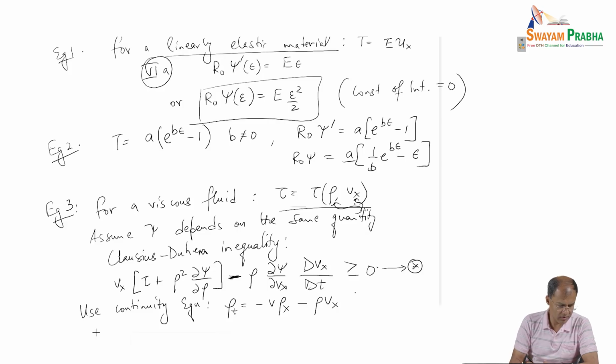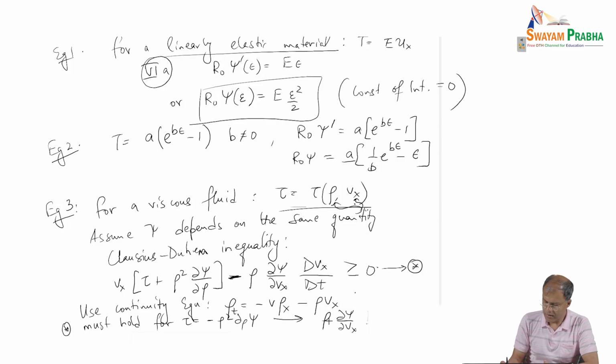So since star must hold for tau equal to minus rho squared partial psi partial rho, we have that rho times partial psi partial Vx times dVx dt is less than or equal to 0.